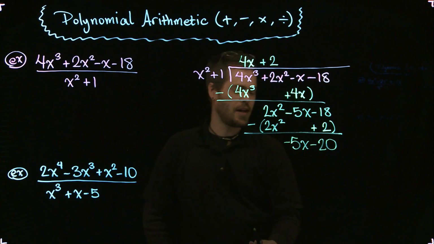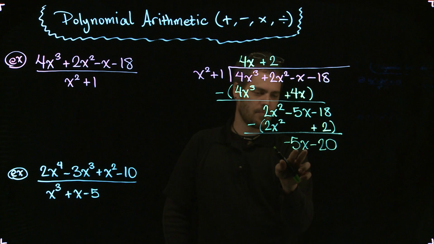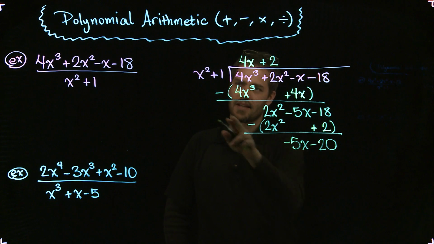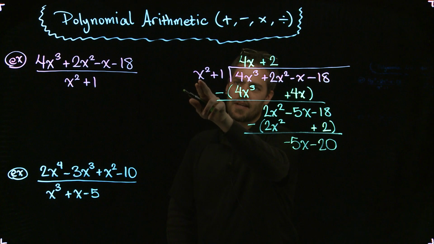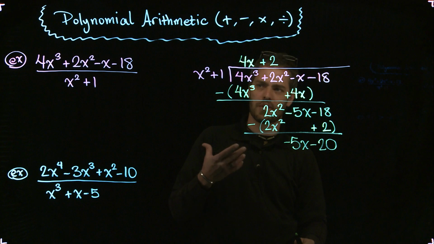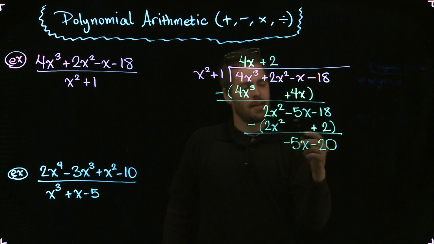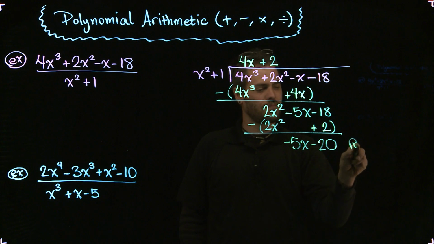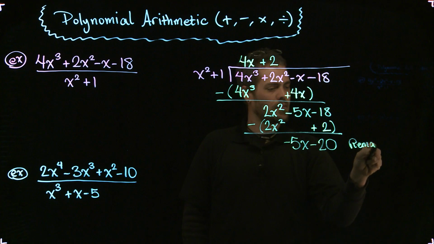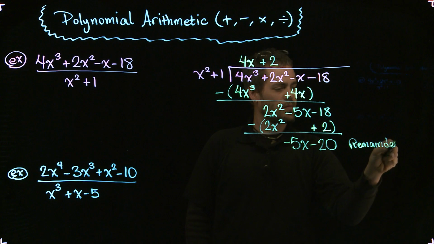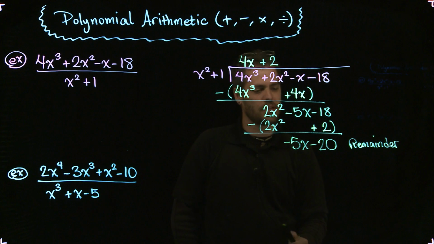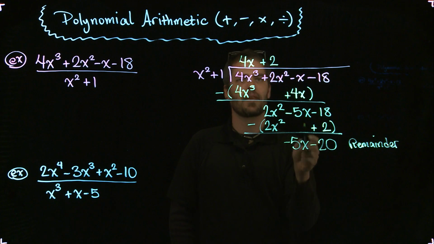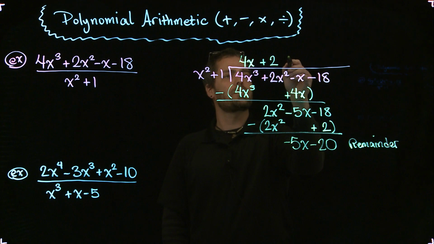And notice now that what we have is an x term that is a degree less than what we have on the outside, a degree less than the thing we were dividing by in the first place. So that means that this is the remainder. And we don't take it further from here as far as this part's concerned. What we have up here is the quotient.